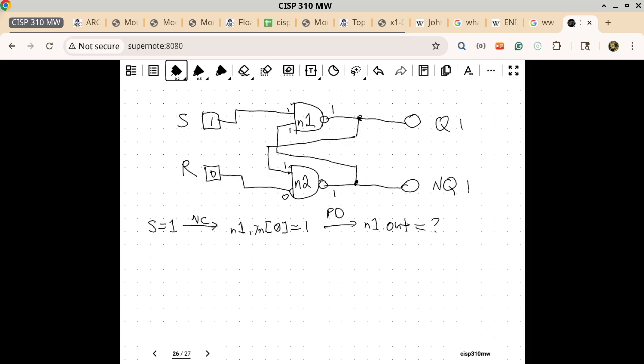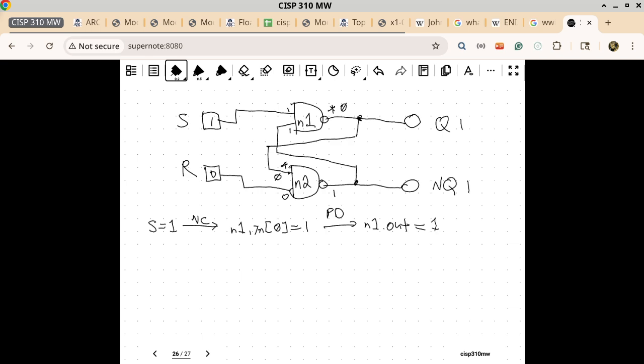When both inputs of N1 are 1s, the output changes to a 0. So that is now a 0. And guess what? This goes from here to here. This is also now a 0. We good?